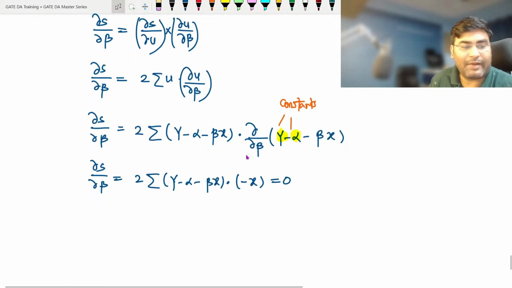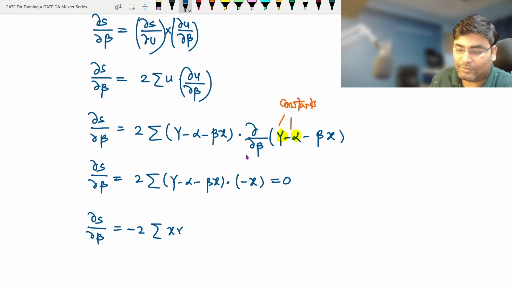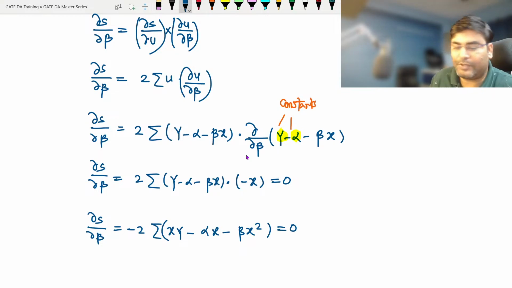Now, if you do the maths, it's very simple. Now this minus is gone. Let me write one more step, else it will be injustice for you. Minus 2 times, now multiply x: x y minus alpha x minus beta x square. This is what you see. Now put it equal to 0.